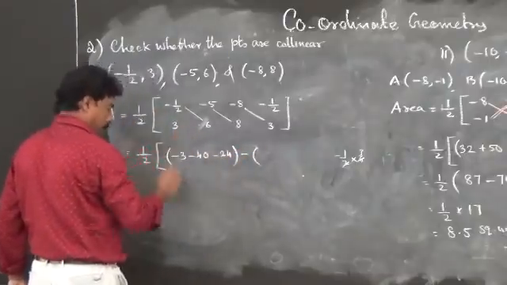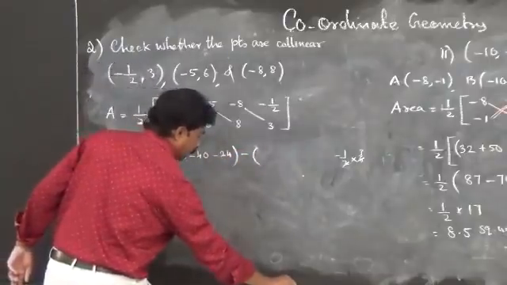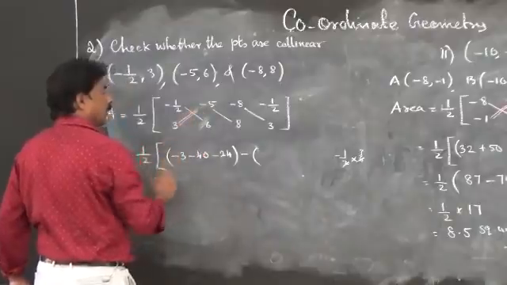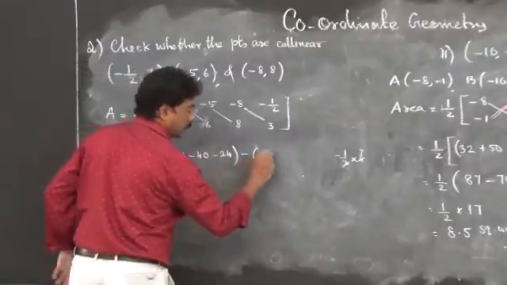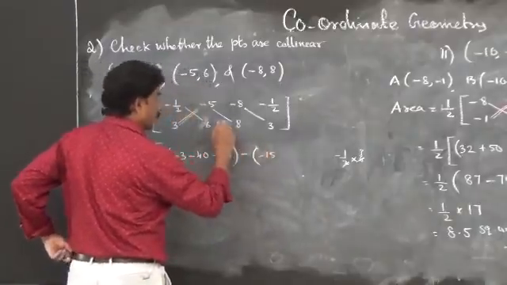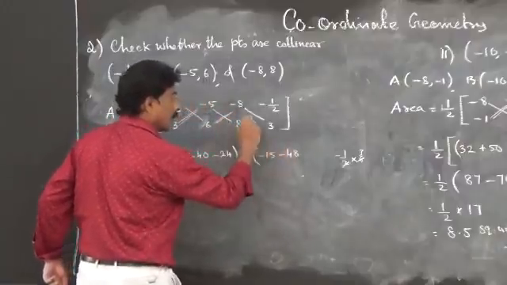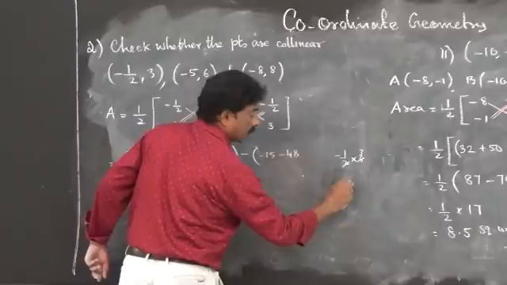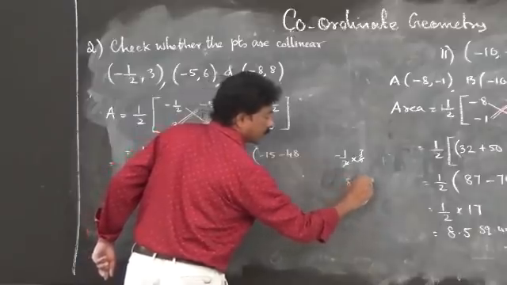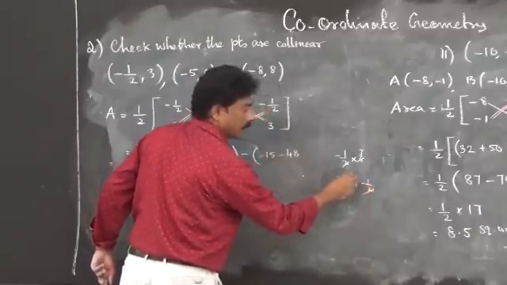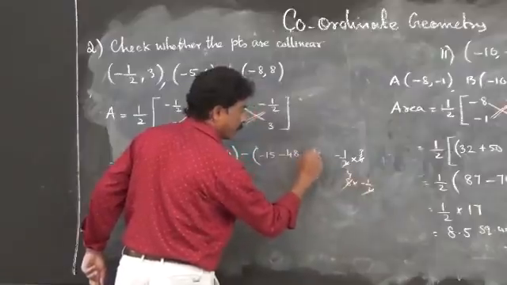Now when you multiply in the other direction, 3 into minus 5 is minus 15. 6 into minus 8 is minus 48. 8 into minus 1 by 2: 2 and 8 cancel, 4 times, so minus 4.